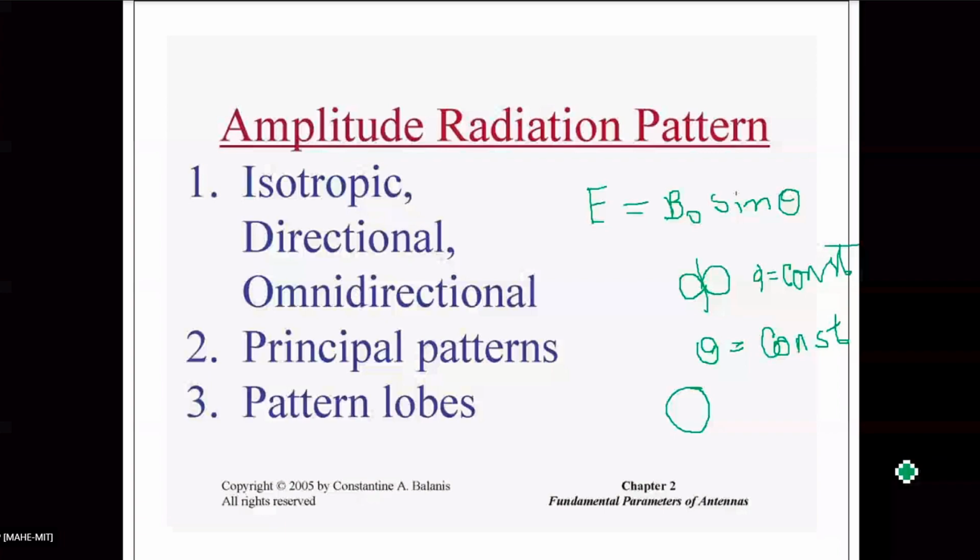So the omnidirectional pattern is like this: E is equal to E naught sin theta. On one plane it is a circle, isotropic, and in the other plane it is directional. In one plane it is like an isotropic pattern, and in the other plane it is like a directional pattern.